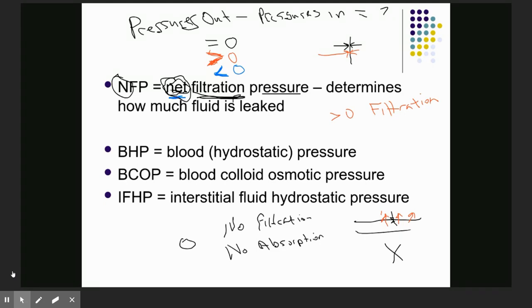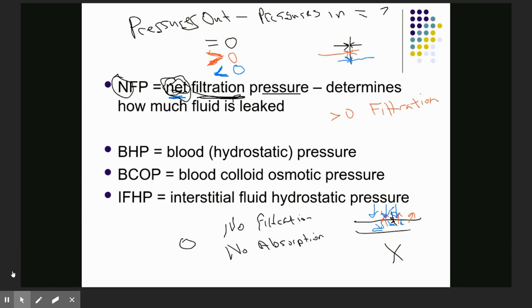Are we going to get filtration or are we going to get absorption? We're going to get absorption. So that looks like this. Look, this is forcing fluid into the capillary. So the pressure this way is bigger, so fluid comes back in. Does that make sense to everyone?